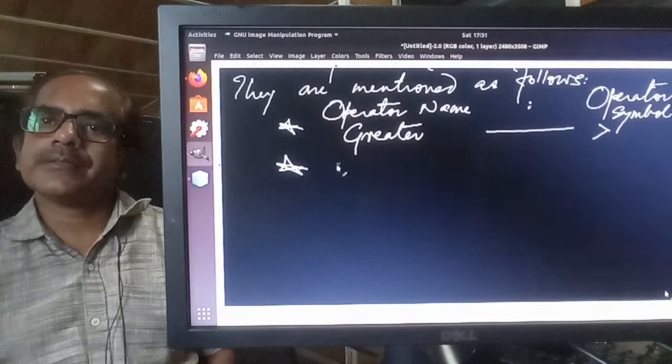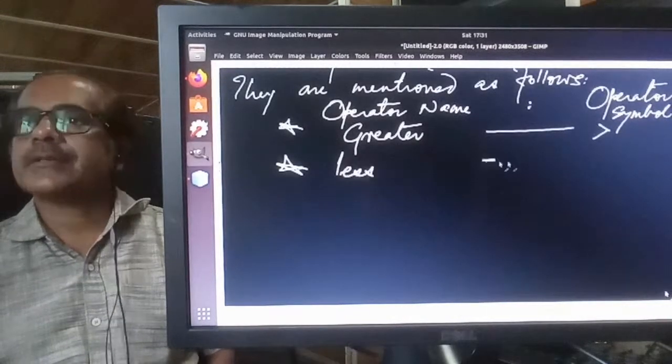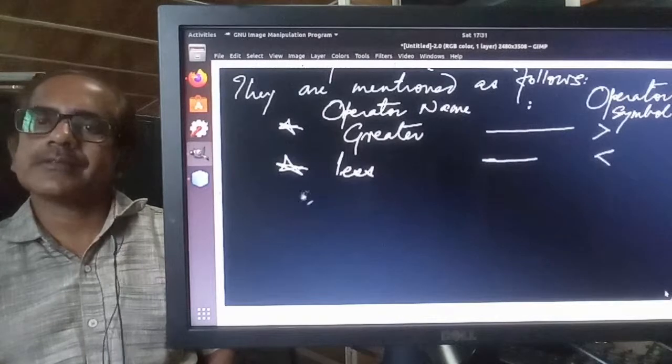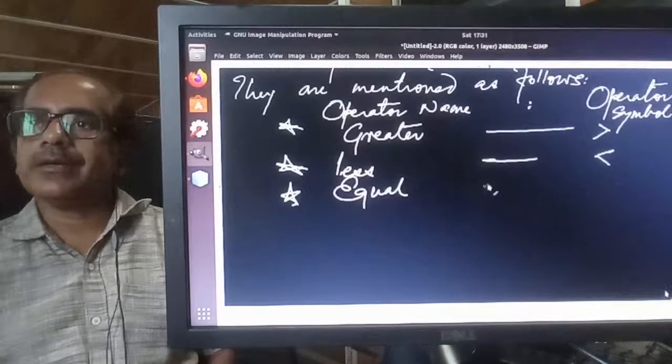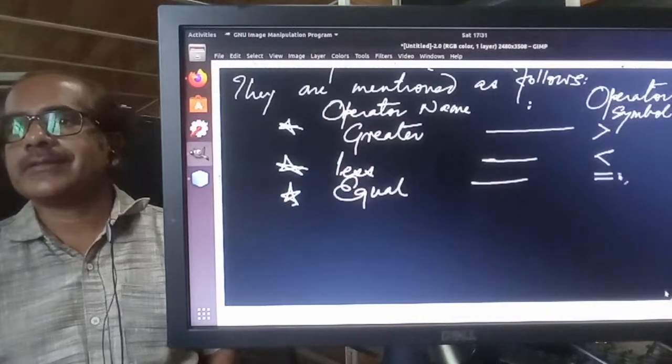Operator is less, symbol is this. Operator is equal, symbol is this.